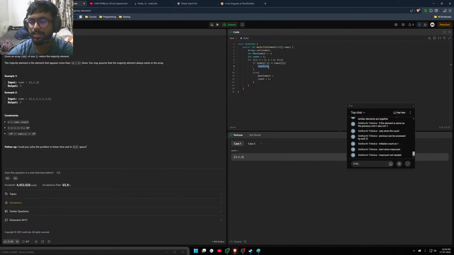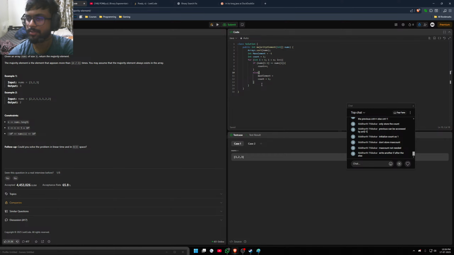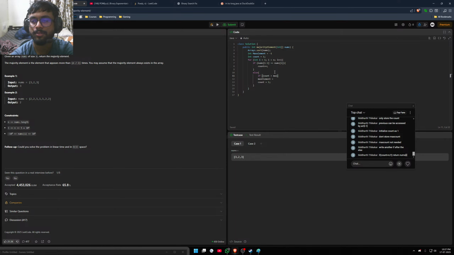So whatever has the highest count, we have to store it as max element, right? Write another if after the else. After the else or inside the else? I think inside, no? If count is greater than max.